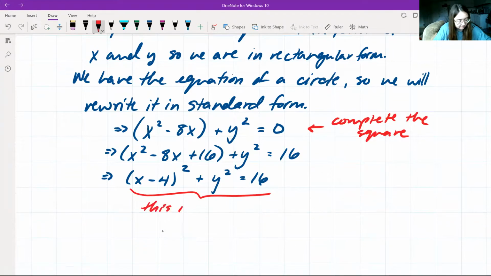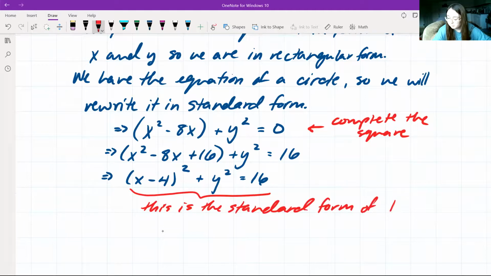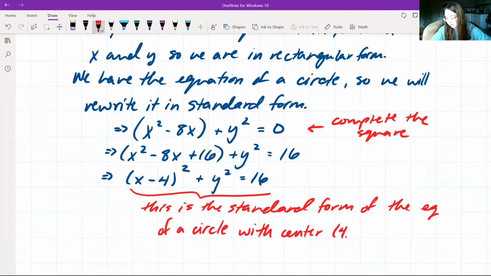So we say this is the standard form of the equation of a circle with our center at 4, 0 and a radius of 4.